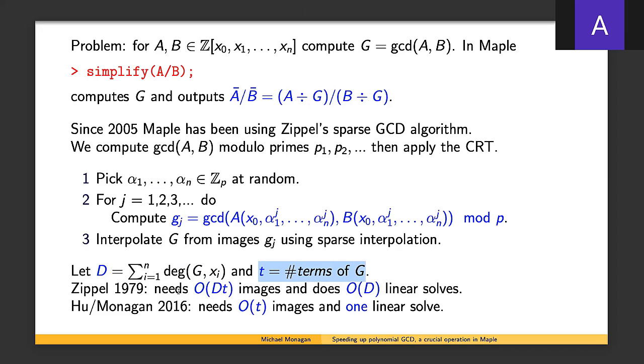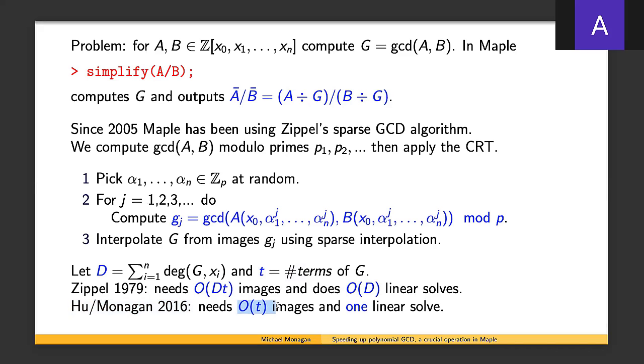With those 2 parameters, Zippel's algorithm needs of order D times T images, and it also has to solve order D linear systems. Our algorithm, developed with Lucas Hu, one of my PhD students, had its first version published in 2016, and a more complete version in a journal paper this year.